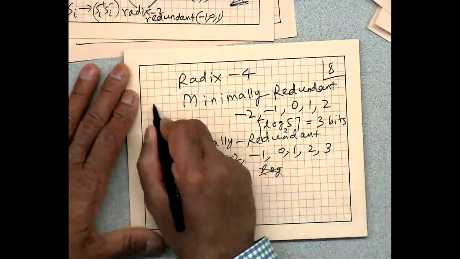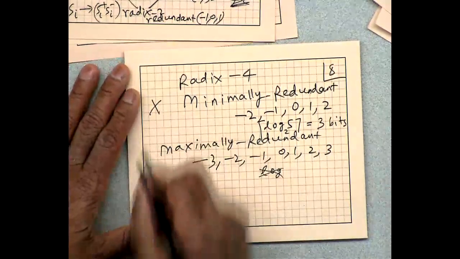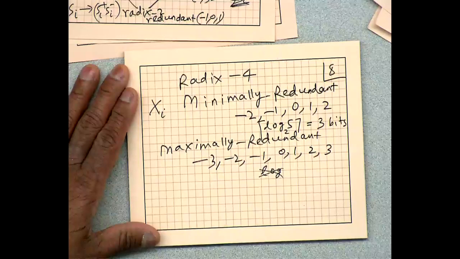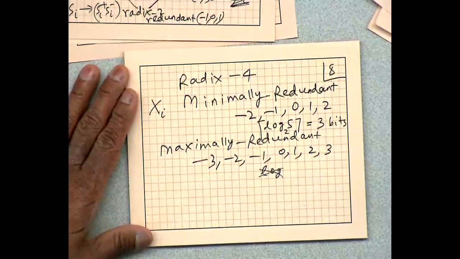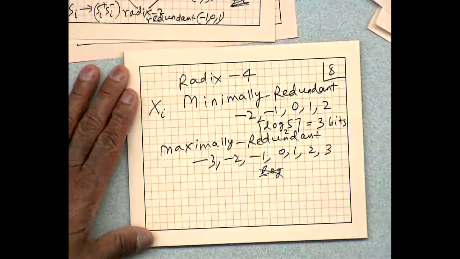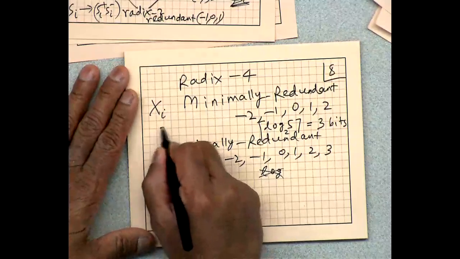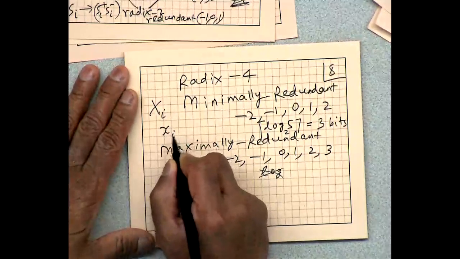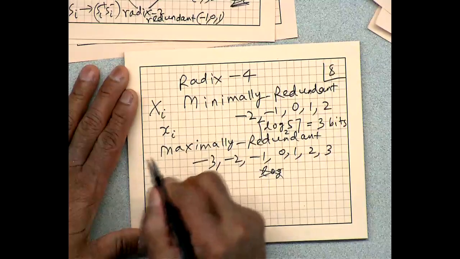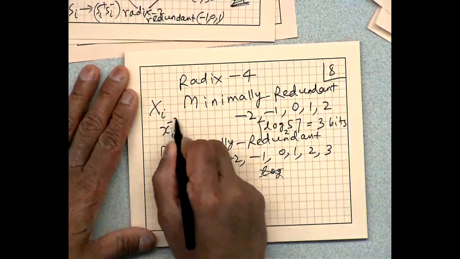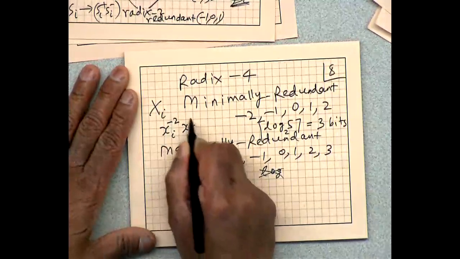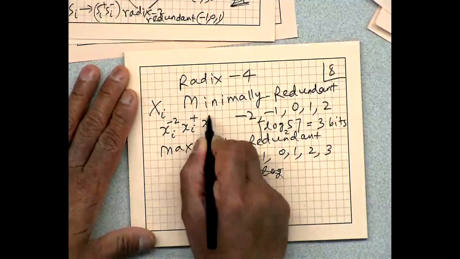So let's say that x is a minimally redundant representation and xi is the ith digit in minimally redundant. So we represent that as xi minus 2 and xi plus and xi plus plus.